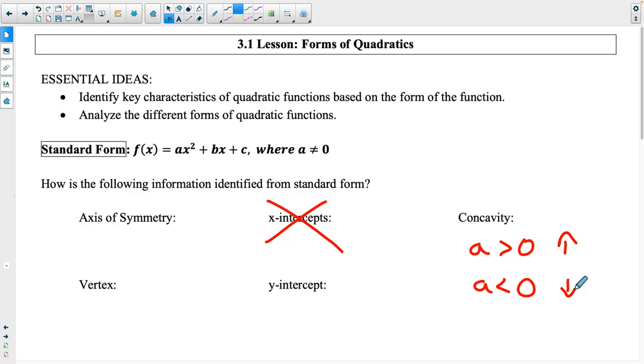Okay? How about the axis of symmetry? How do you find that? How would I find the axis of symmetry of that? Yeah, it's the formula thing. So the axis of symmetry would be this.